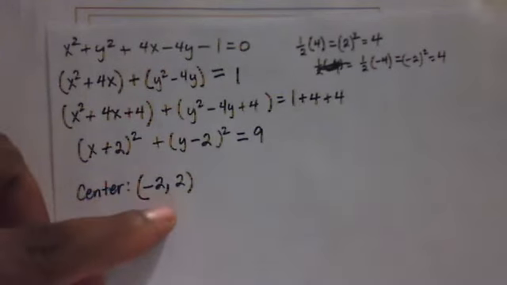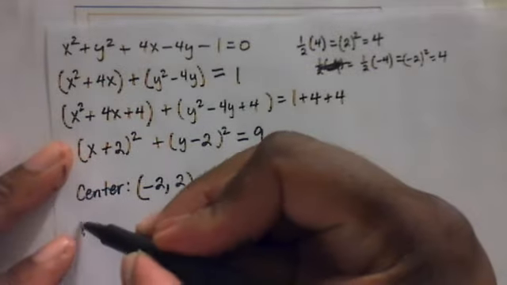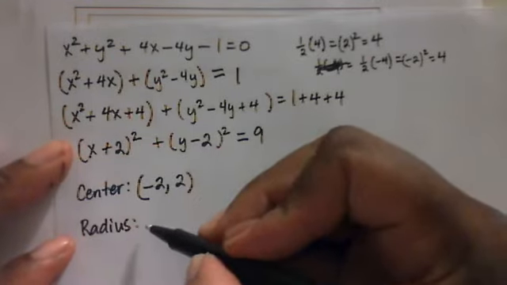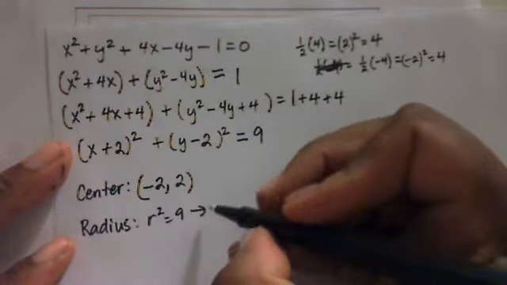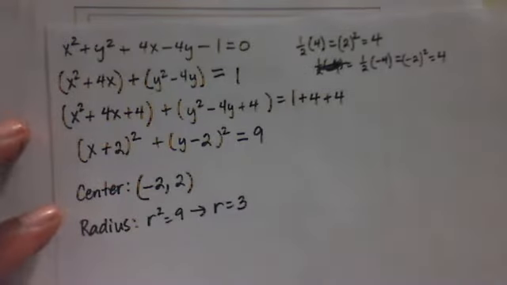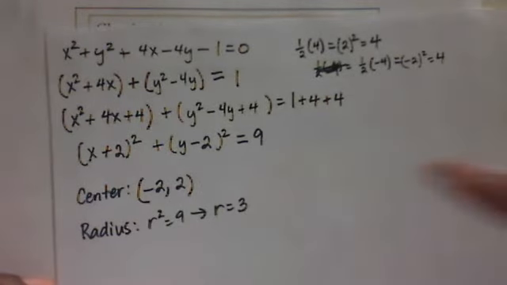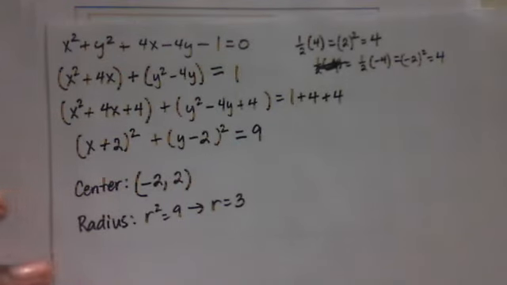And since it's already a minus 2, it would be a positive 2. And then the radius, if r squared is 9, that means that r must be equal to 3. You simply take the square root of that number right there to get your radius. So the radius is 3 and the center is going to be at negative 2 and 2.